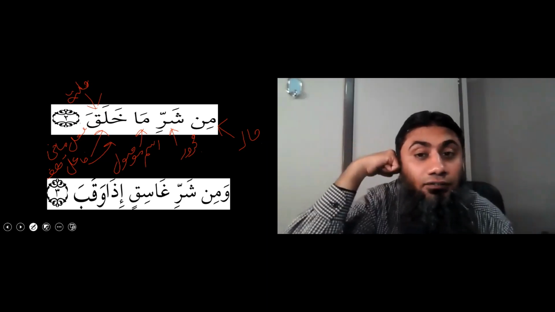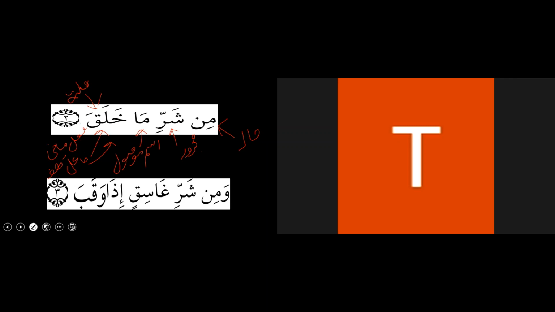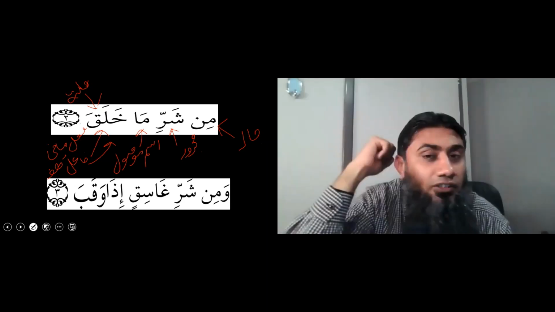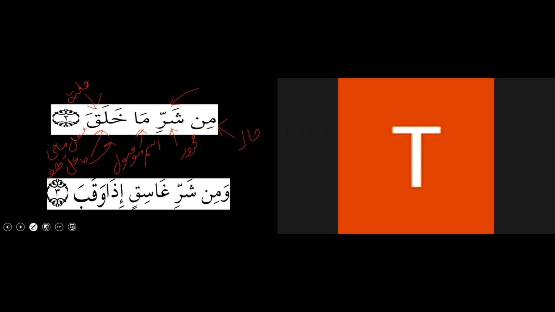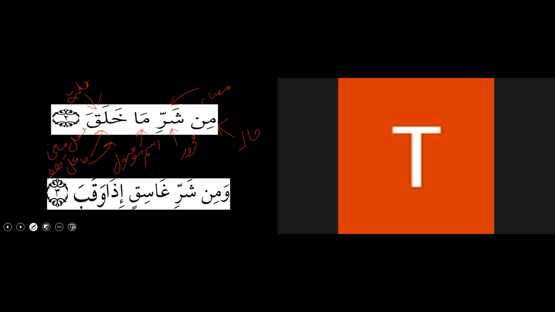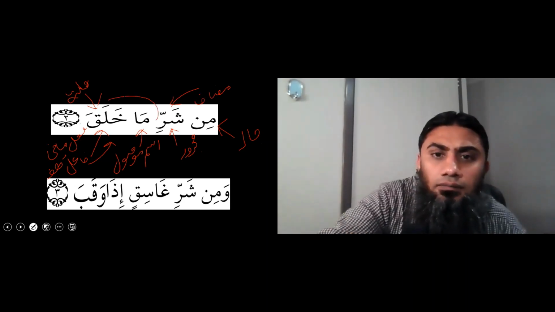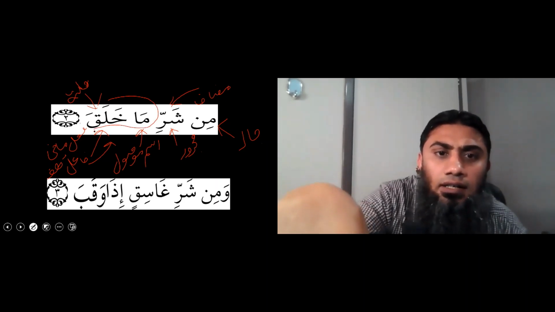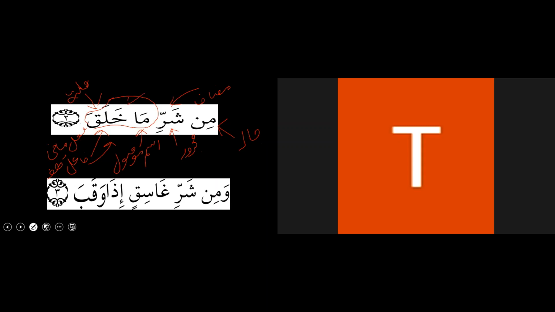And we all know that whenever you need to insert of in a translation, it is actually the construction of mudaf mudaf ilayh. So sharri is playing the role of mudaf, because sharri is playing one role of majroor, we've seen this already. But at the same time, sharri is playing the role of mudaf in one sense, and this whole thing, ma khalaqa, is playing the role of mudaf ilayh as well.